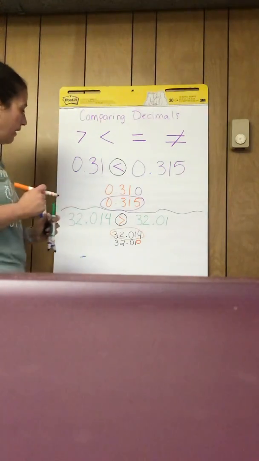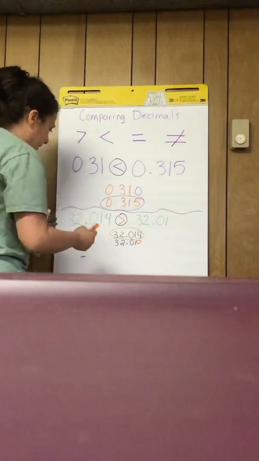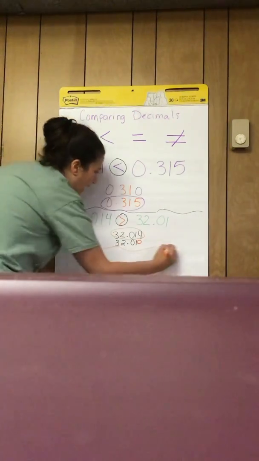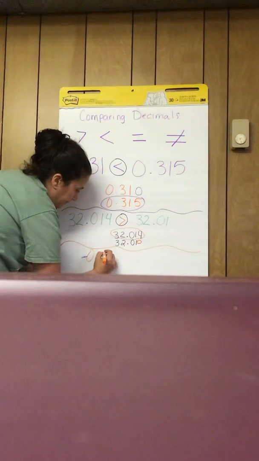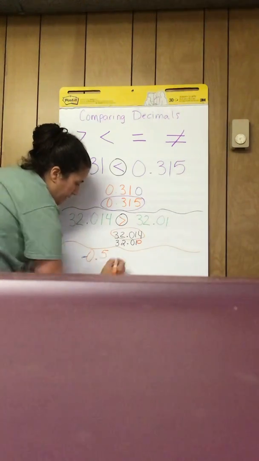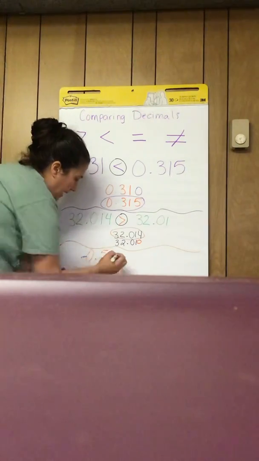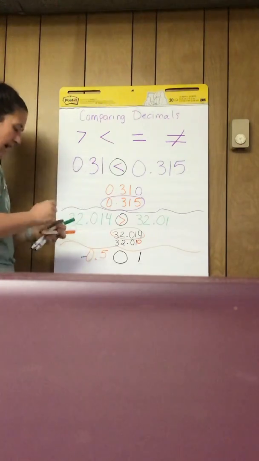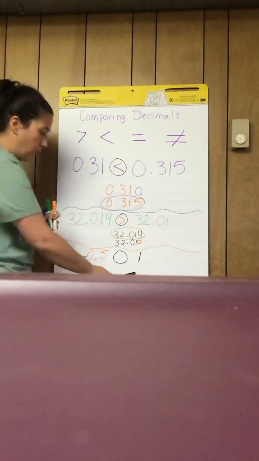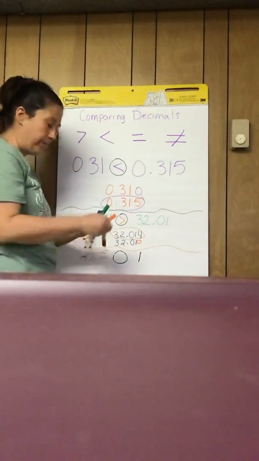Okay? What if you had this, boys and girls? What if you had 0.5 and you compared that to 1? How would you line this up? Because the 1 doesn't have a decimal.